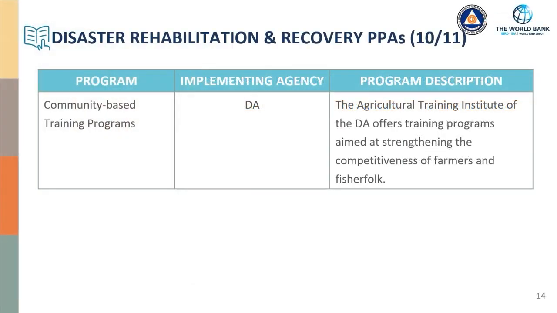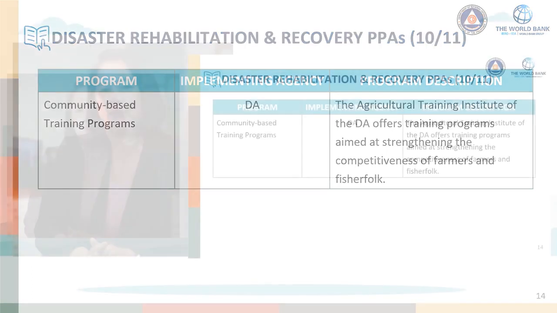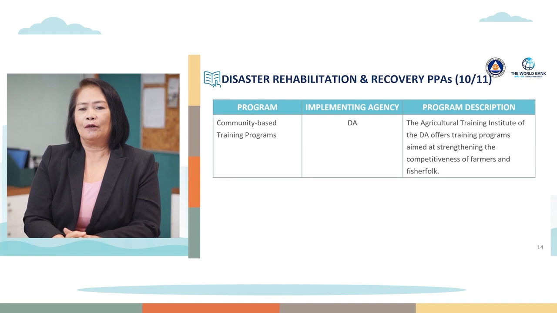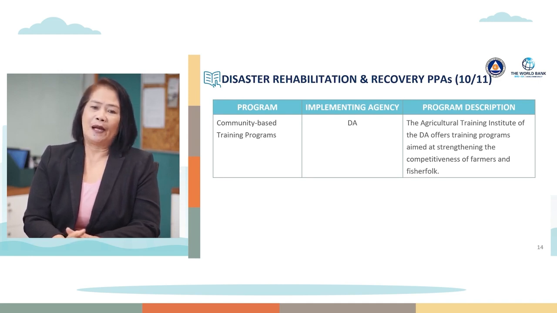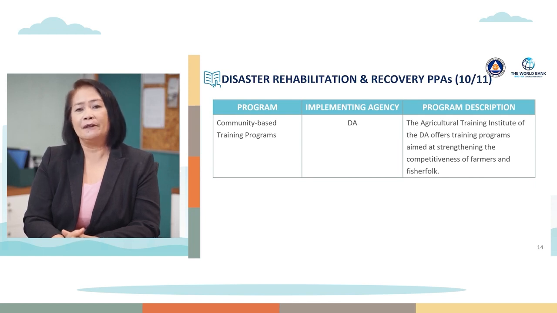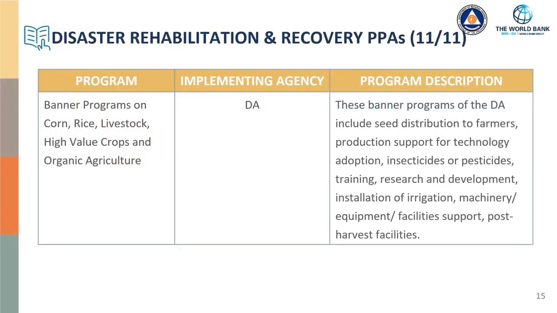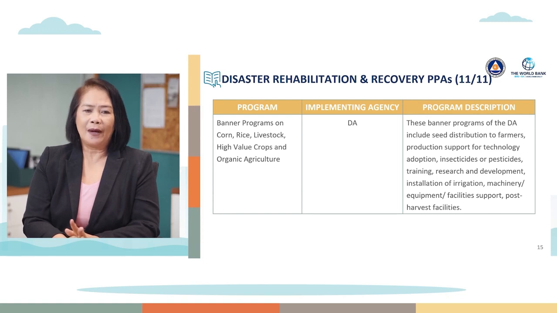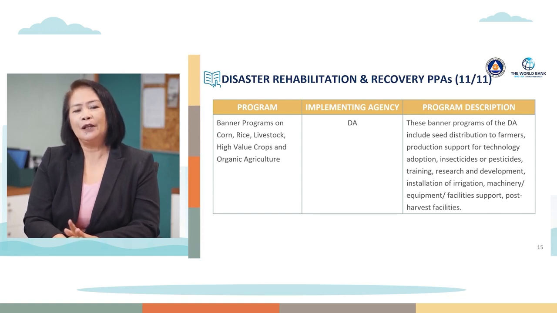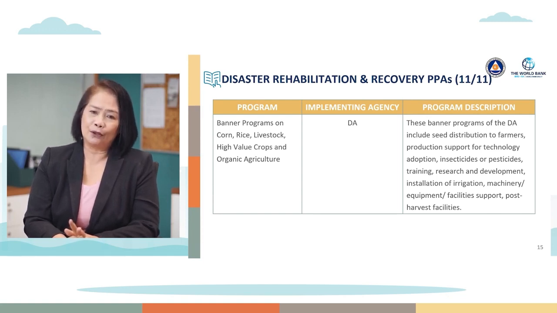The next one is the community-based training programs of the Department of Agriculture. DA has agricultural training institutes which offers training programs aimed at strengthening the competitiveness of farmers and fisherfolk. Another program of DA is that of the banner programs to support farmers on corn, rice, livestock, high-value crops, and organic agriculture.